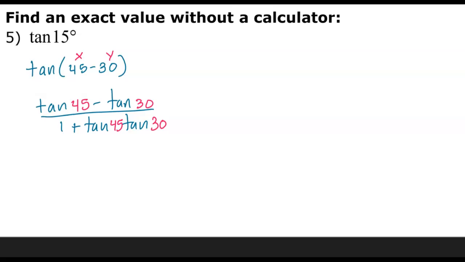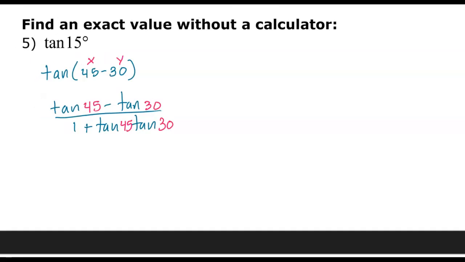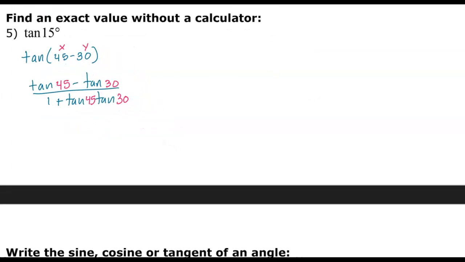Now, can we immediately look at our identity sheet, our unit circle, and find the tangent of 45 and the tangent of 30? Are they written right on our unit circle? No. How do we find tan for any angle? What do we do? Y over x. Sine over cosine.